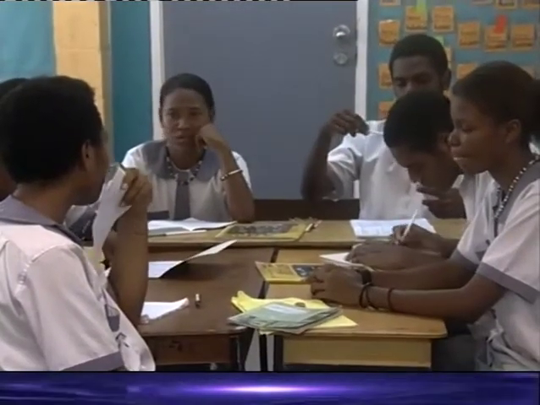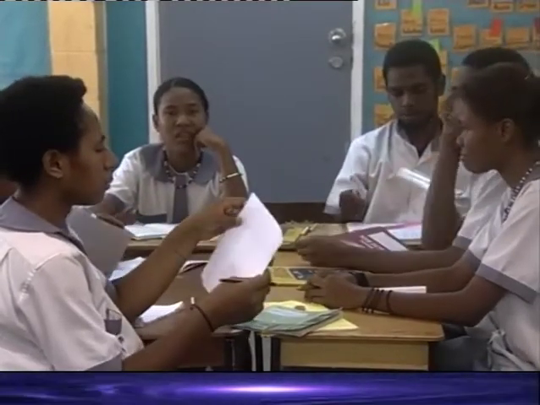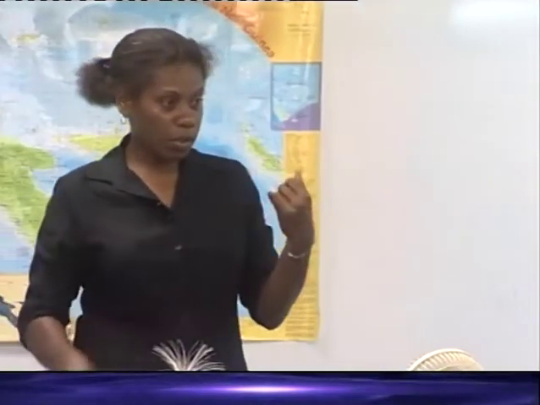Now on a grid, we have lines running from north to south and east to west. Mary, can you tell us what the lines that run from east to west are called?